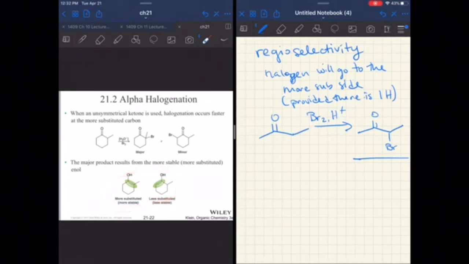If the enol forms towards the more substituted side, you get a more stable double bond. More substitution on a double bond is more stable. Going to the less substituted side is going to be a less stable or higher energy intermediate. So as with a lot of the mechanisms we've seen, stability of the intermediate leads to the regioselectivity of the overall reaction.